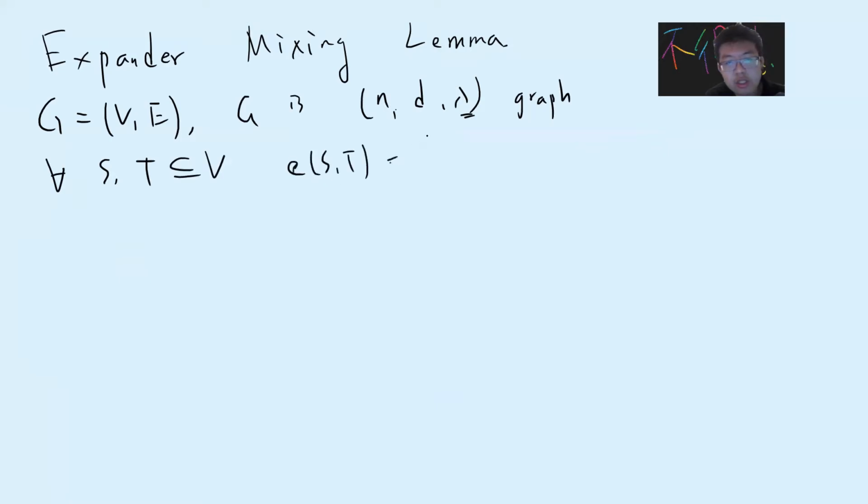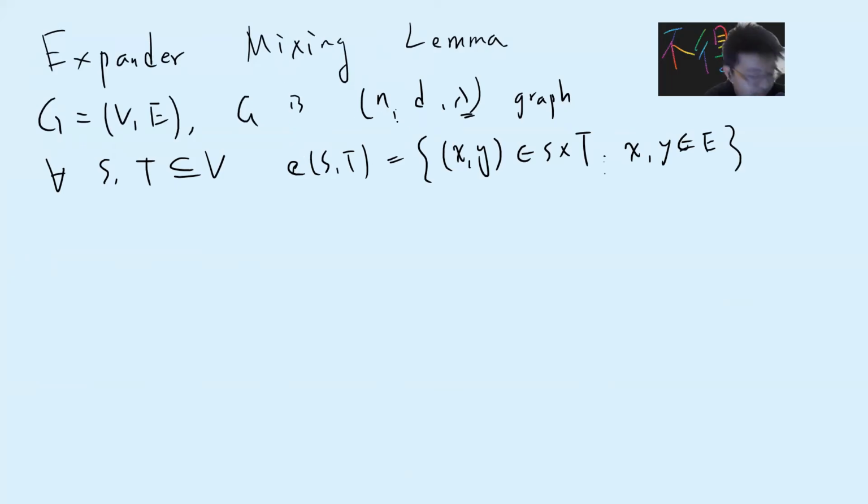E(S,T) counts every edge, sorry: you consider pairs (x, y) in S times T such that (x, y) belongs to the edge set, and E(S,T) is the number of these.